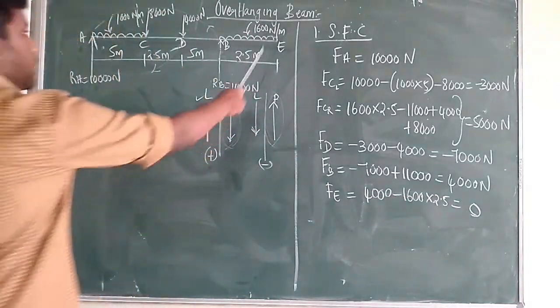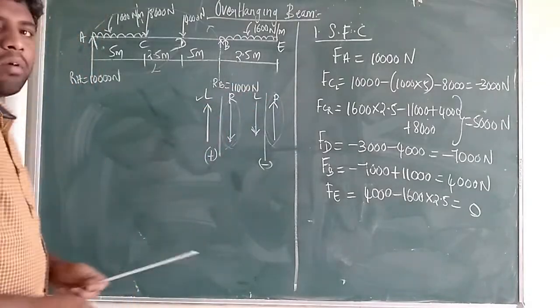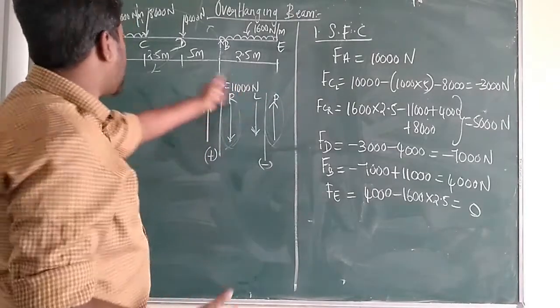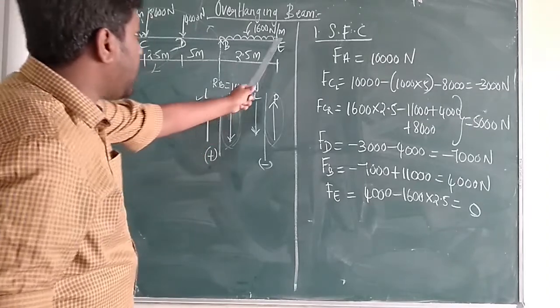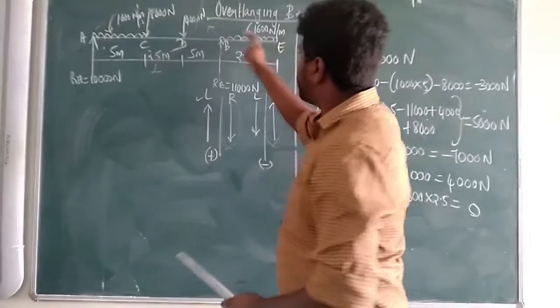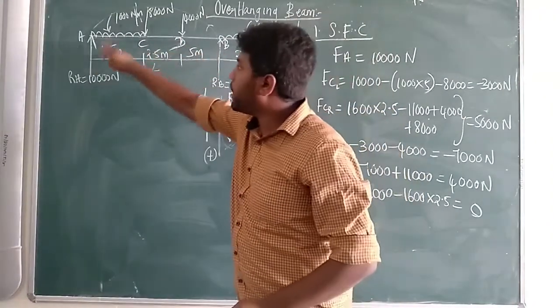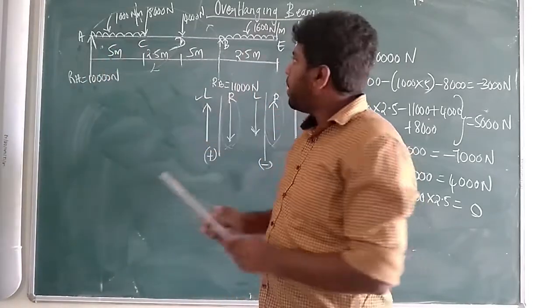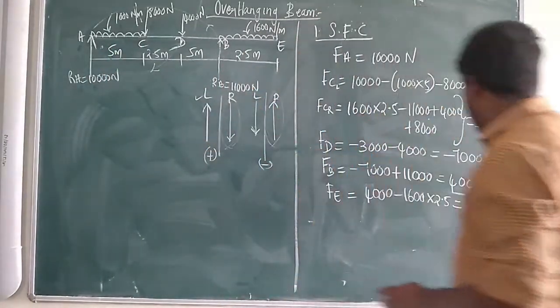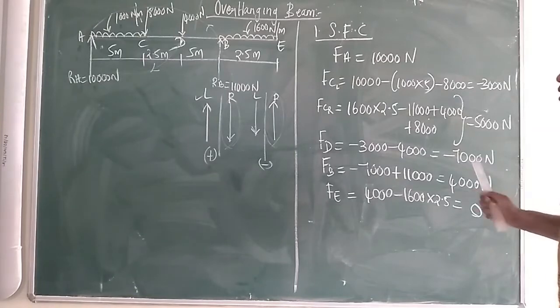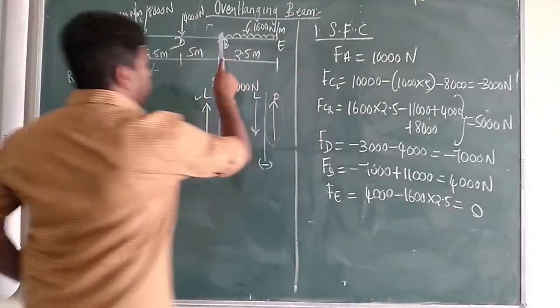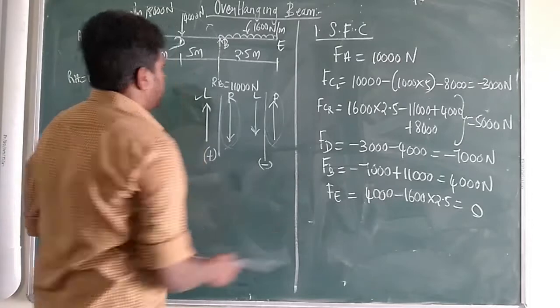Next, shear force at E. Again I am calculating from the left of the section. At E, on the left of the section there is the UDL, the point load at B, the UDL, and the upward load. Till B you have already found the value, that is 4,000. The only remaining part is this UDL.